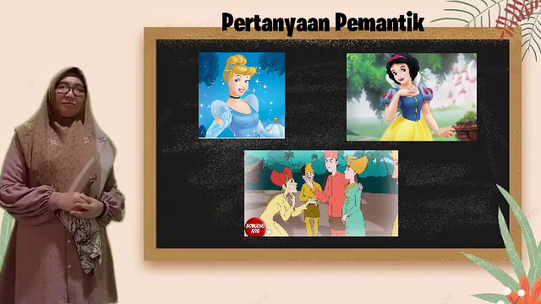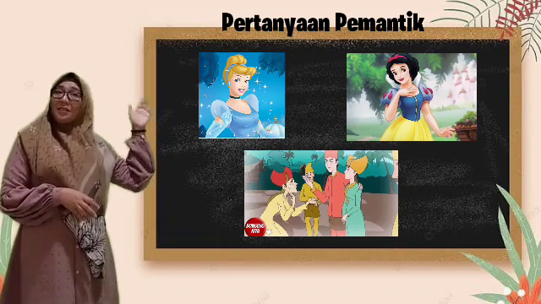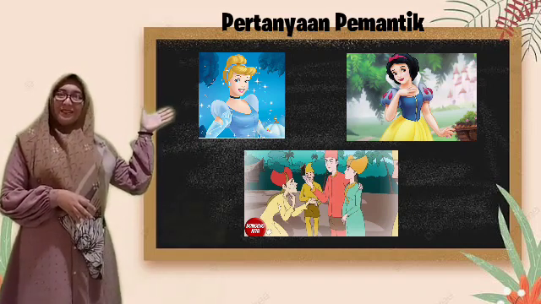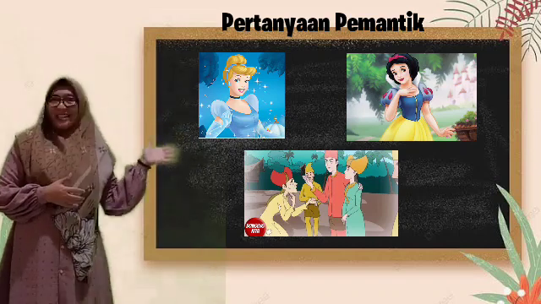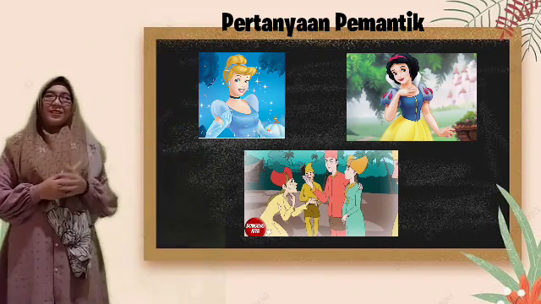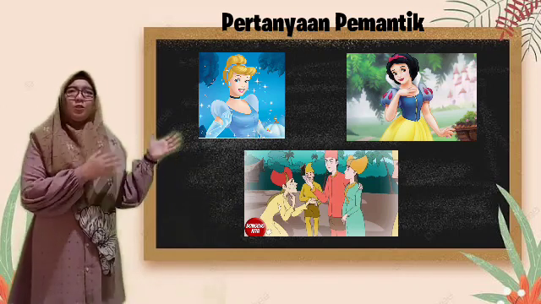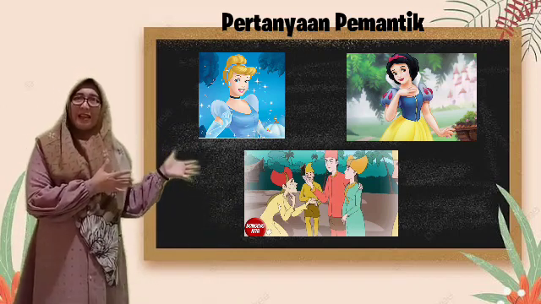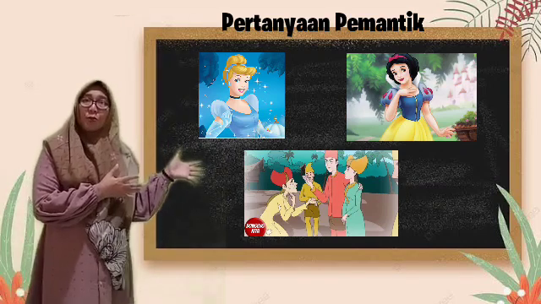Number one, do you know who is the main character of the first picture? Great, yes, she is Cinderella. Very good. My second question is, do you know what happened to Snow White?